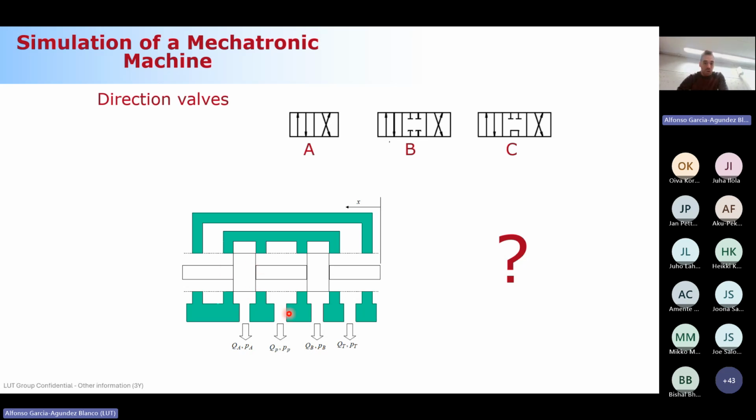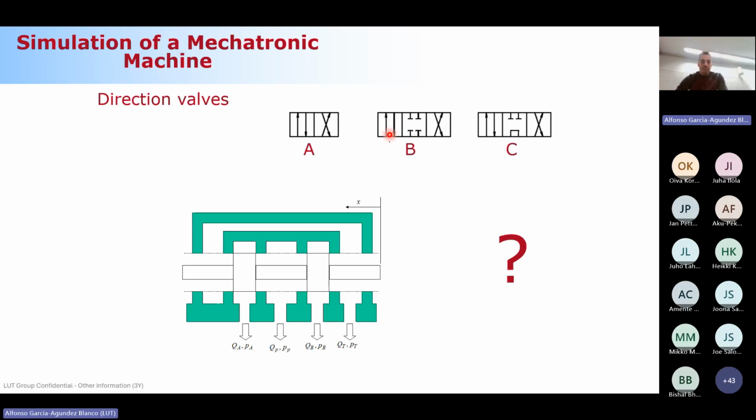The fluid that comes from the pump could go inside here if I'm moving the spool to the left, right? So I can have a connection between P and A. And if I move this one to the left in the same way, I can have a connection between B and T, no? So this situation with the spool moving to the left could be the one that we saw before, okay?